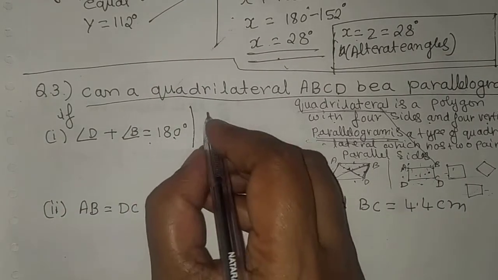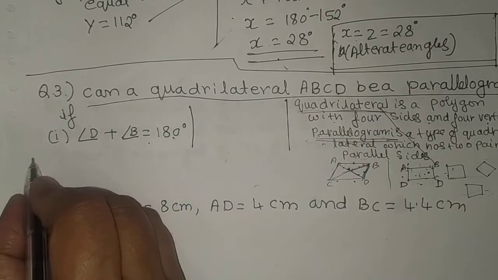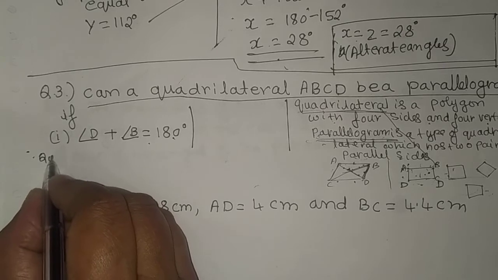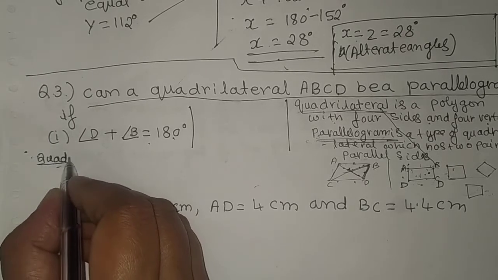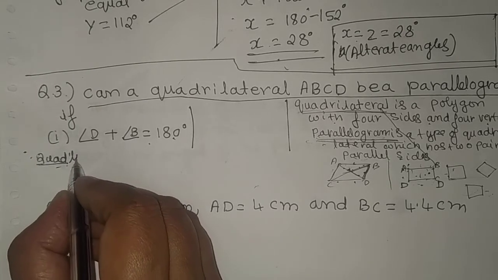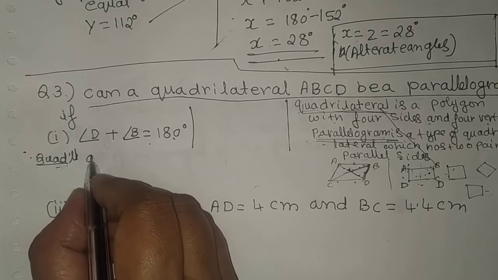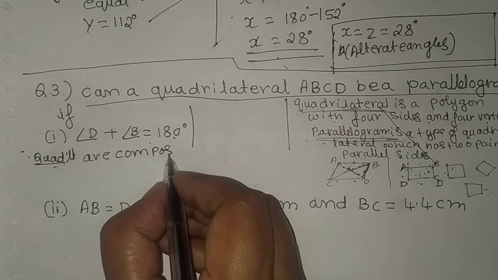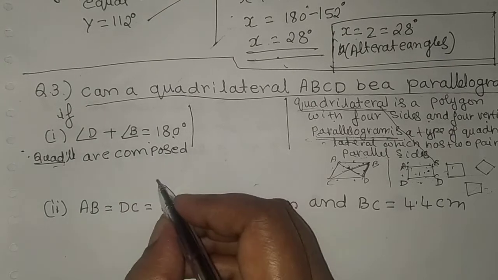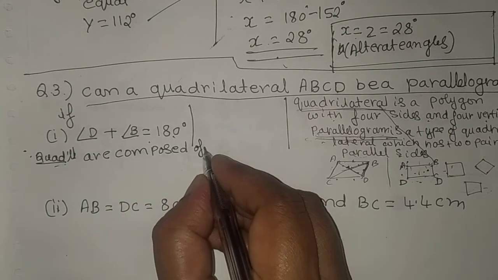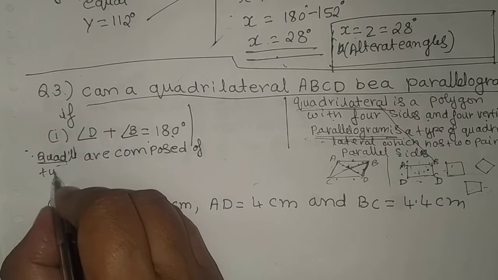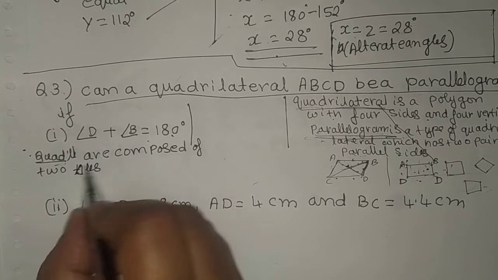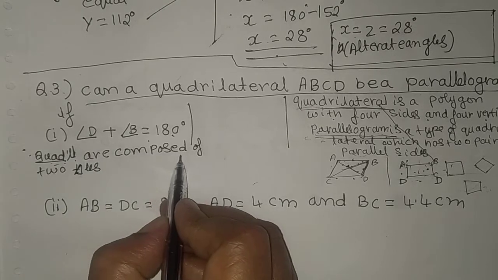I'll start from here. Quadrilaterals, I'll just write the short form: quadrilaterals are composed of two triangles. This also I will write diagrammatically.